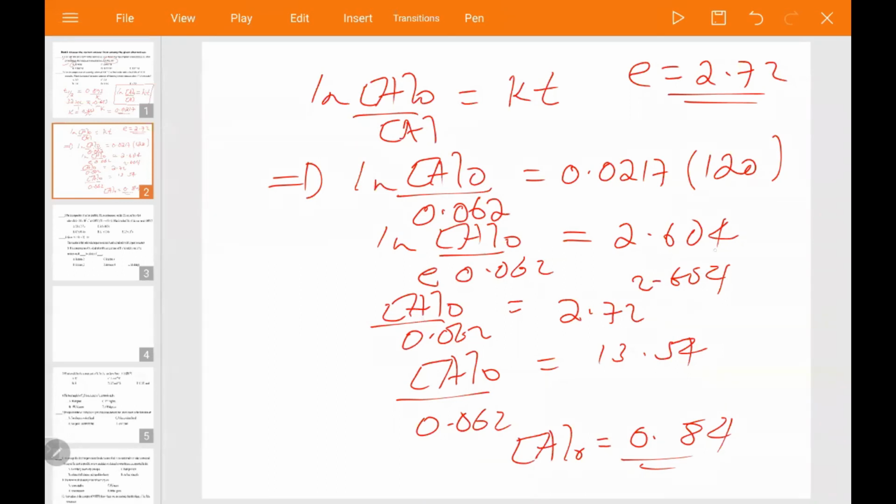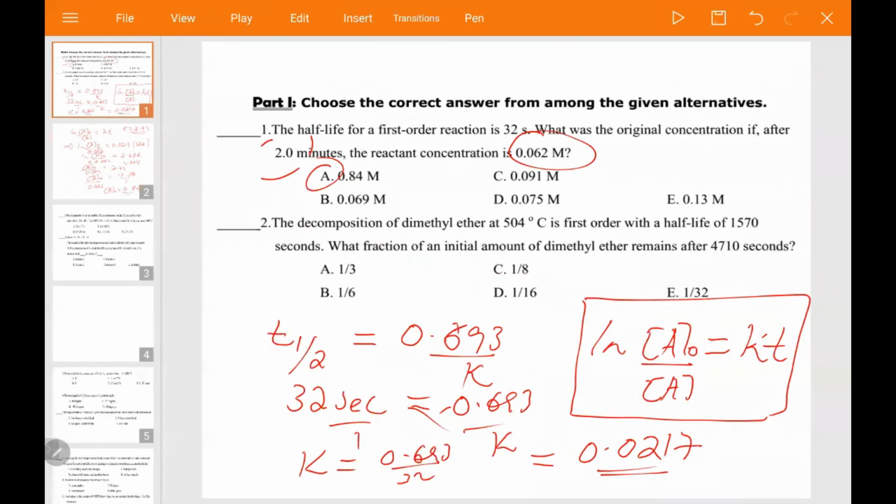When I work it out I get 13.54. So a naught over 0.062 is equal to 13.54, and a naught is this times this, 0.84 molar. The answer is clear.